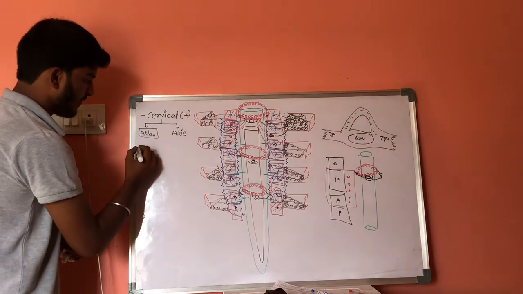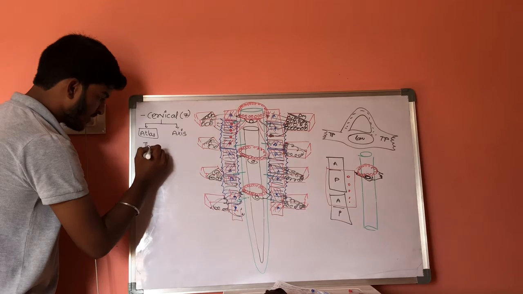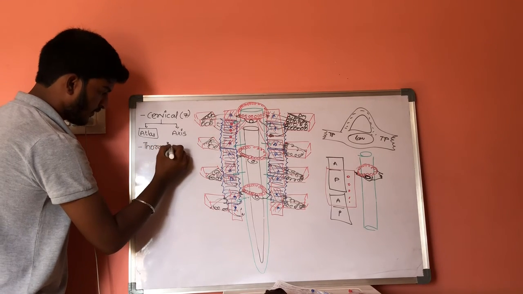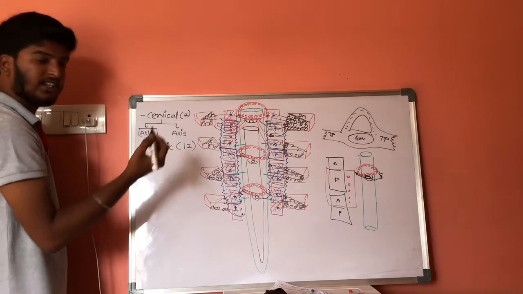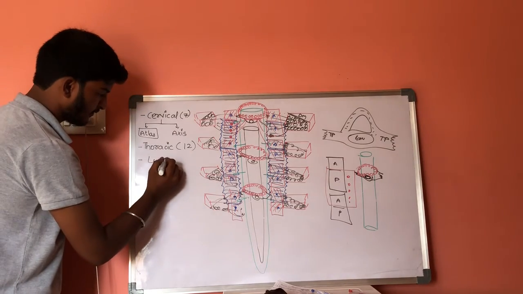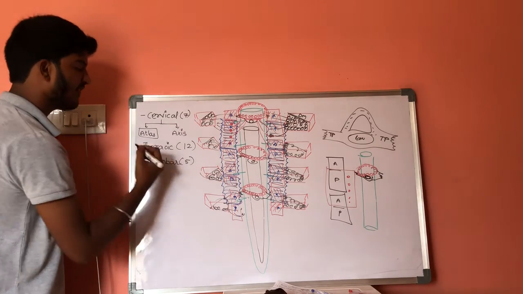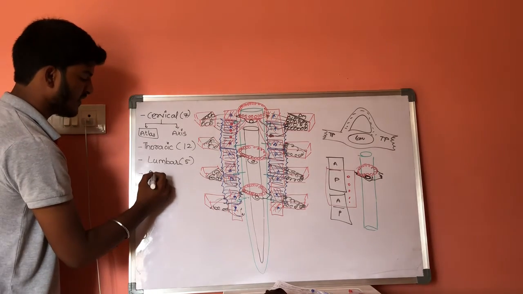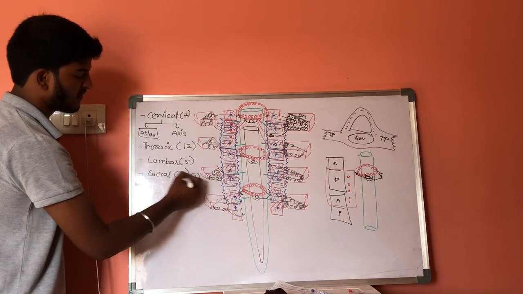These are 7 vertebrae, the first one cervical vertebrae, the second one thoracic vertebrae, 12 in number. Next one is lumbar vertebrae, 5 in number. Next one is sacral vertebrae, 5 in number but fused together.